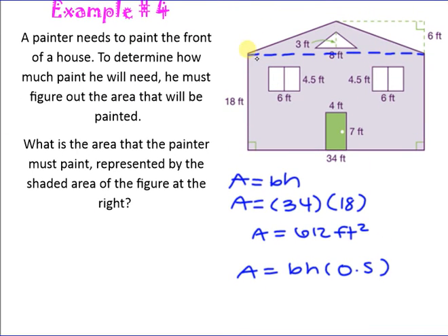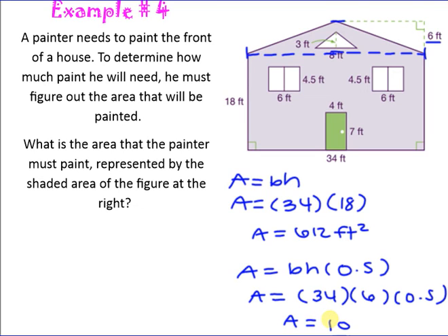Now, the base of the triangle from here to here is the same as this base. It's 34. So area equals 34. Now, what is the height of the triangle from here to here? Well, it actually tells us right here that the height is 6 feet. Times 6 times 0.5. So 34 times 6 times 0.5, and that's going to be 102.